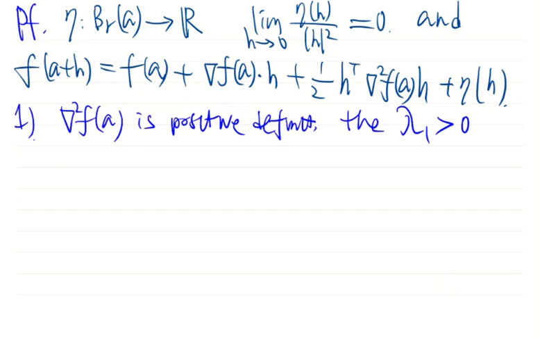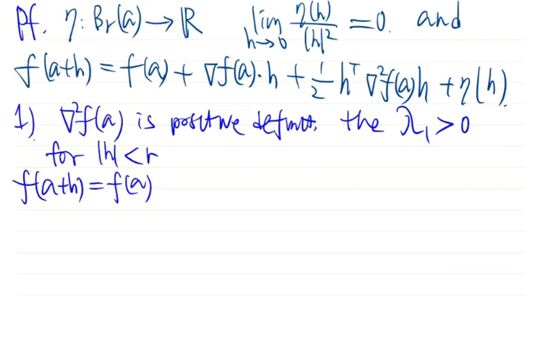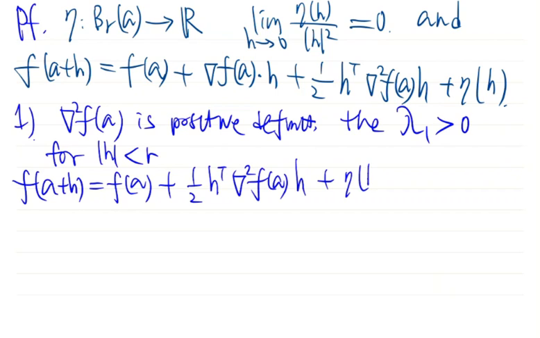So for small h, with norm of h less than r, we consider f(A+h) minus f(A), which is half of h transpose Hessian h plus eta(h).